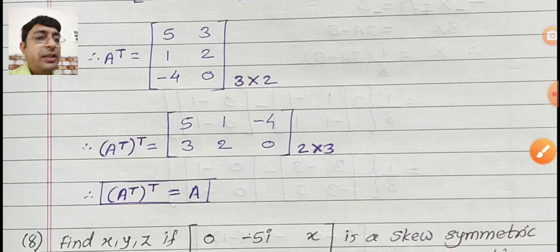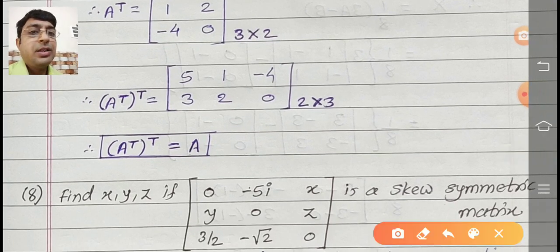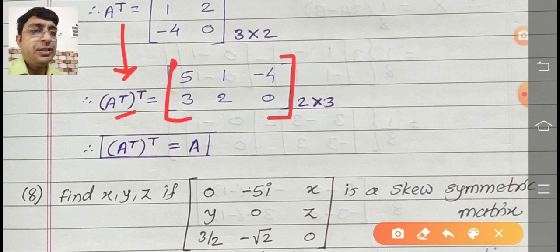One more time we are taking the transpose of the matrix. So transpose of A matrix, again we are taking the transpose. Again interchange the rows and columns.